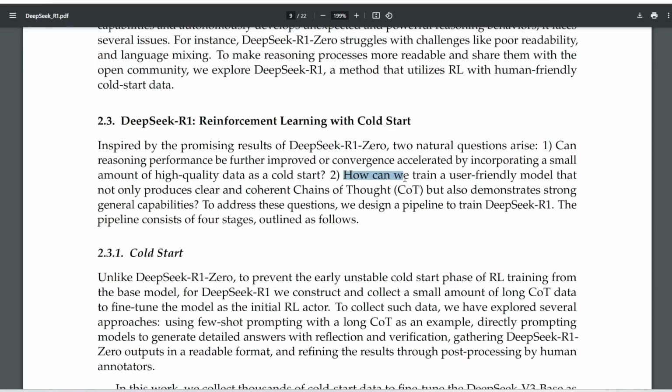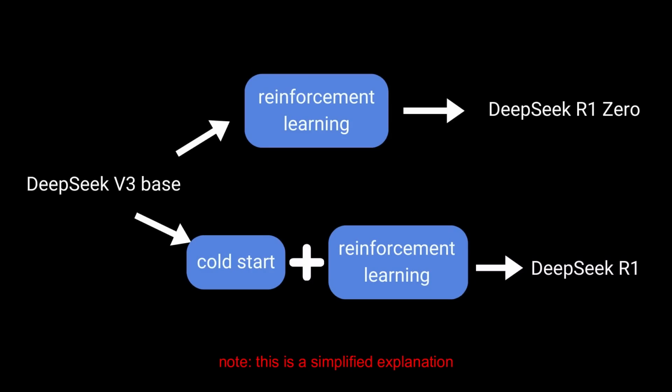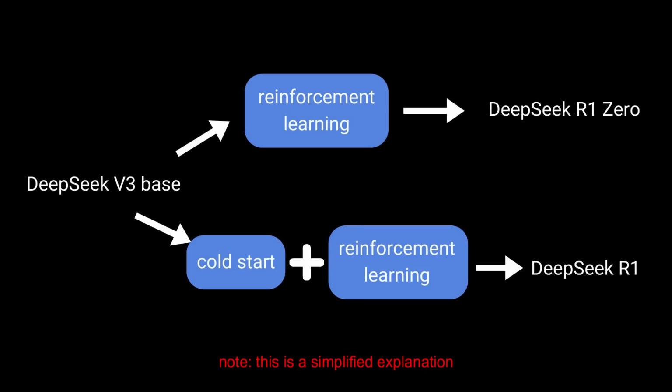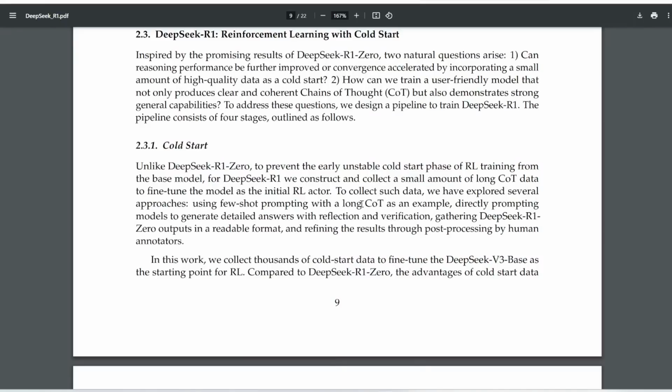And then how can we train a user-friendly model that not only produces clear and coherent chain of thought, but also demonstrates strong general capabilities? So to address these two questions, they basically created a hybrid training approach to create this DeepSeek R1 model. So basically, without going too deep into the technical details, they fed it with high-quality chain of thought data.